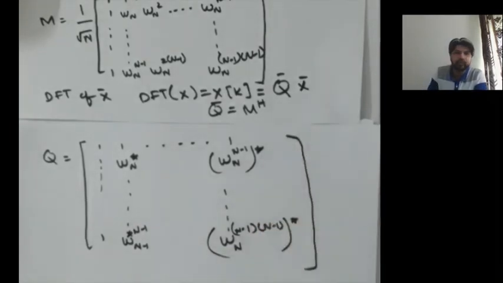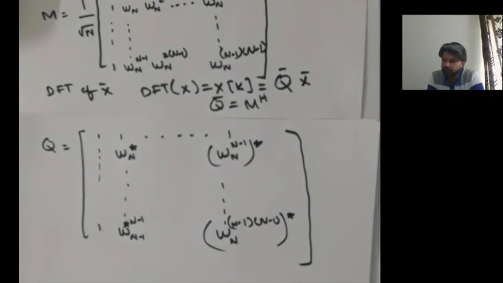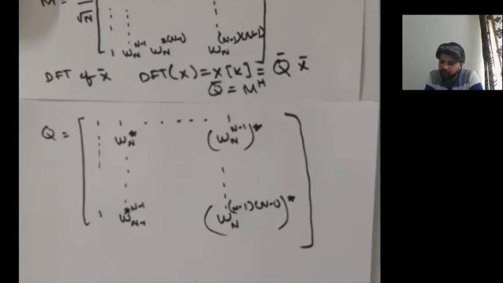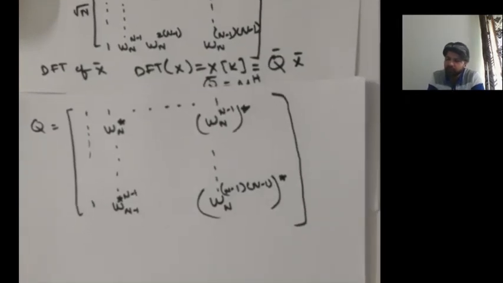So that is your Q matrix, right? That contains the complex exponentials with a negative sign, so that you can compute the Fourier transform of the vector x.